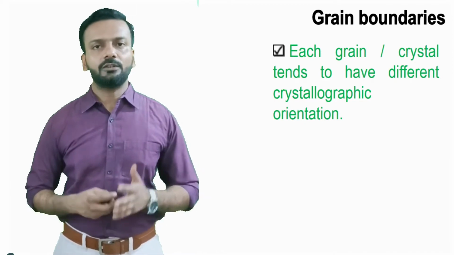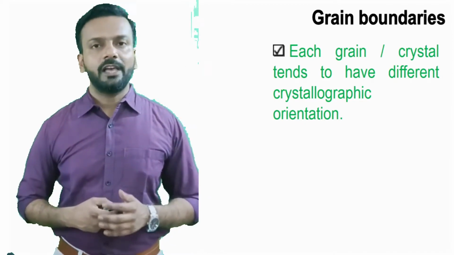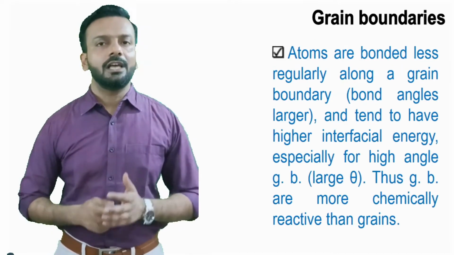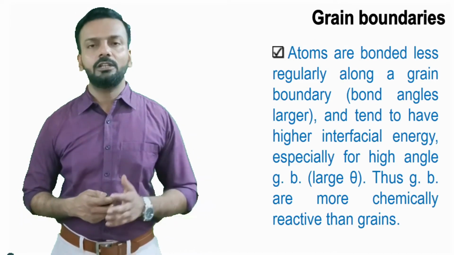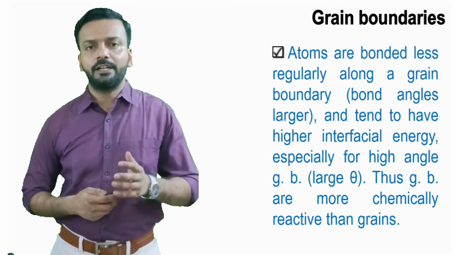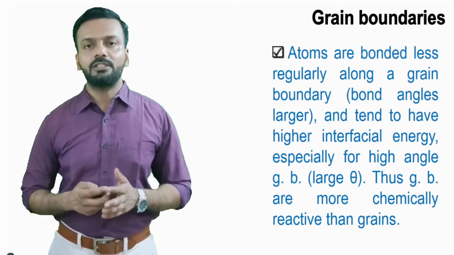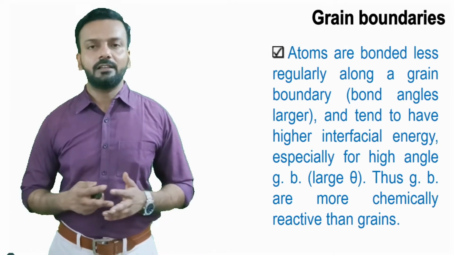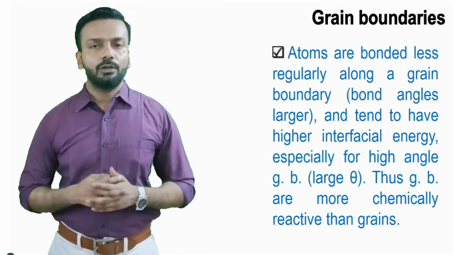Each grain or crystal tends to have a different crystallographic orientation, as we have seen earlier. Atoms are bonded less regularly at the grain boundary and tend to have a higher interfacial energy. Interfacial energy is much higher in a high angle grain boundary and lower in a low angle grain boundary.